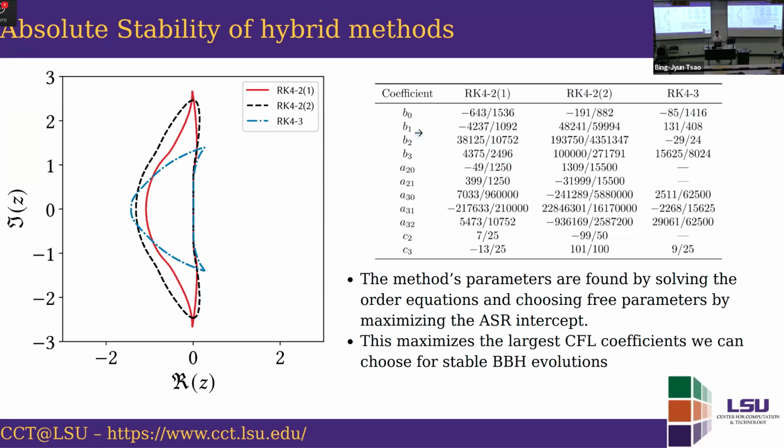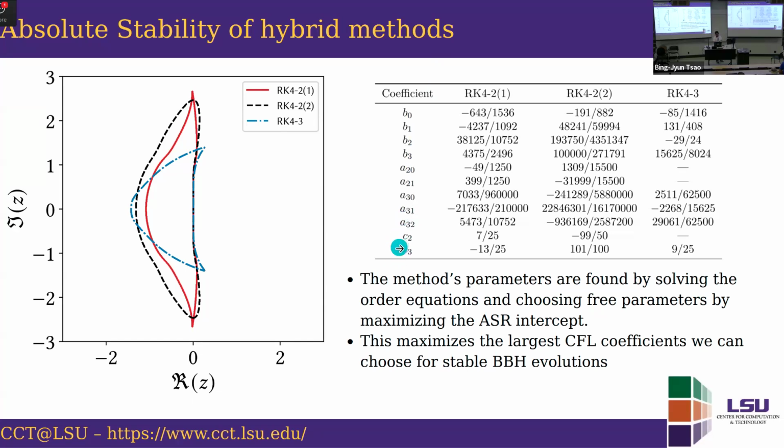Well, firstly, you have to do a Taylor expansion of a function, and you expand that to fourth order, and then you match it against the prototype for your method, and then you get what are called the order equations, some equations that these coefficients of your method need to satisfy. But these equations usually have some free parameters.